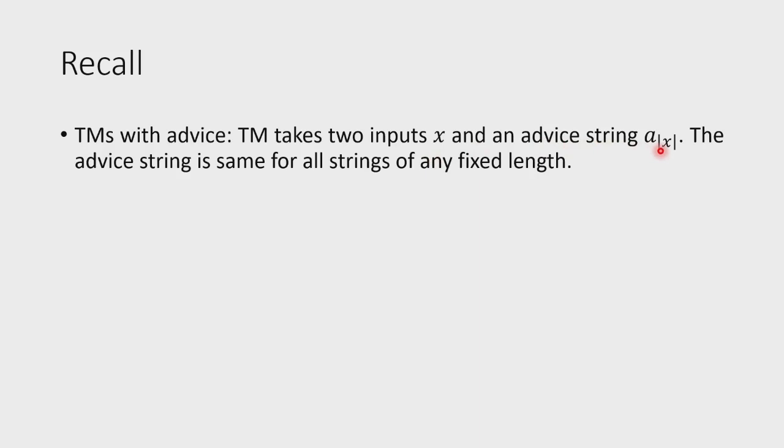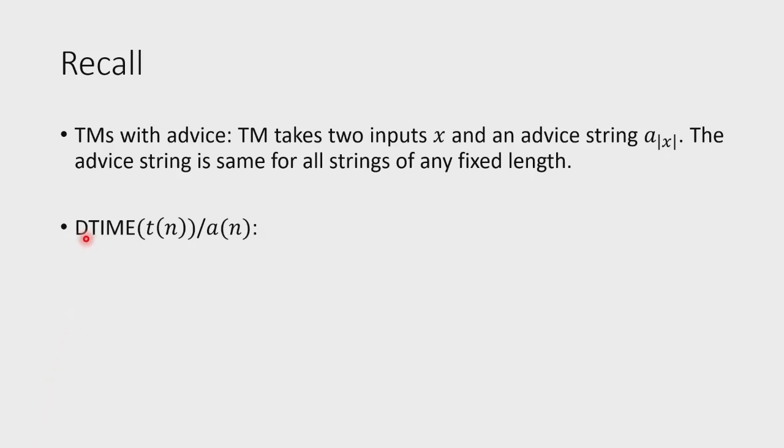Now a Turing machine that takes advice looks a lot like a Turing machine that takes a certificate, but there is a crucial difference between a certificate and an advice, and the difference is the following. For every string x, a certificate can be different, but for all strings of the same length, the advice string is the same. And Turing machines with advice are a way to model Boolean circuits.